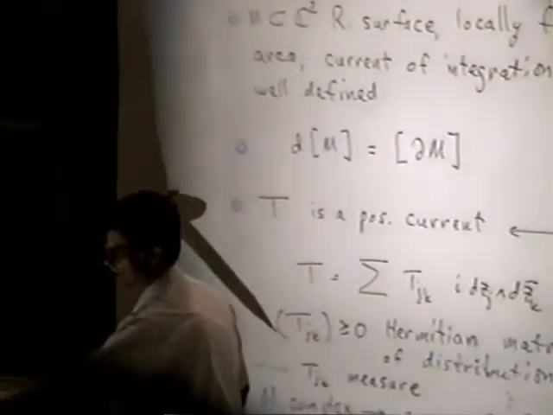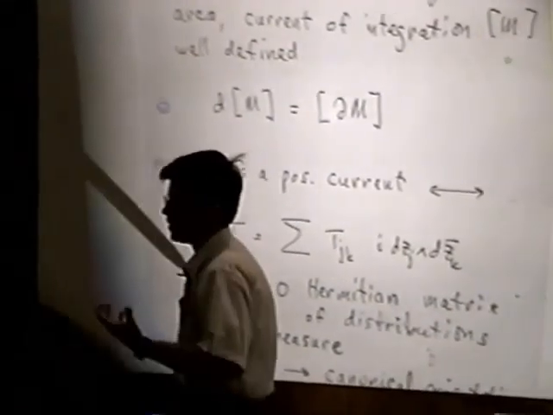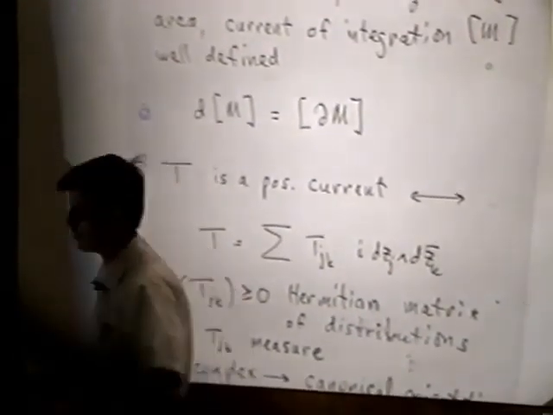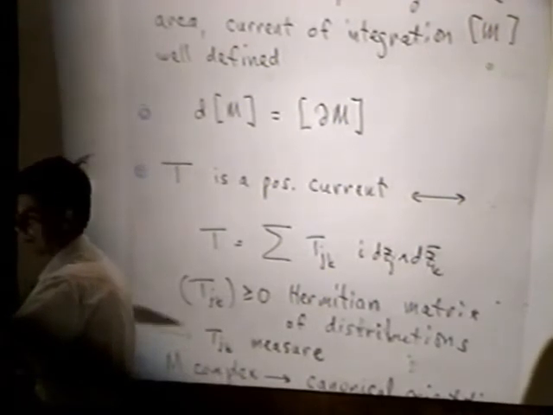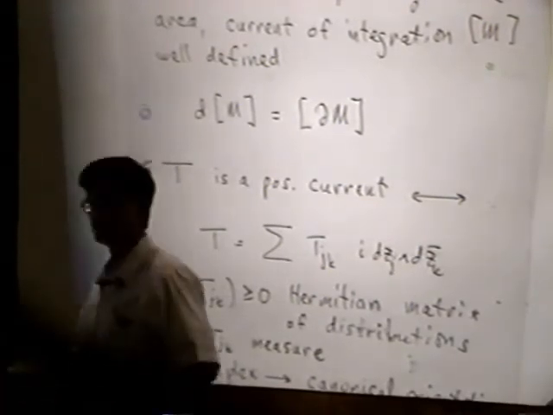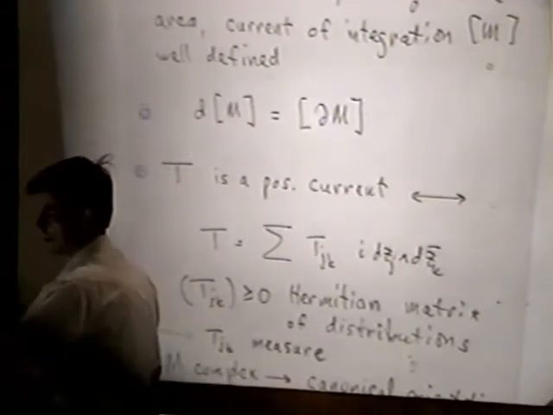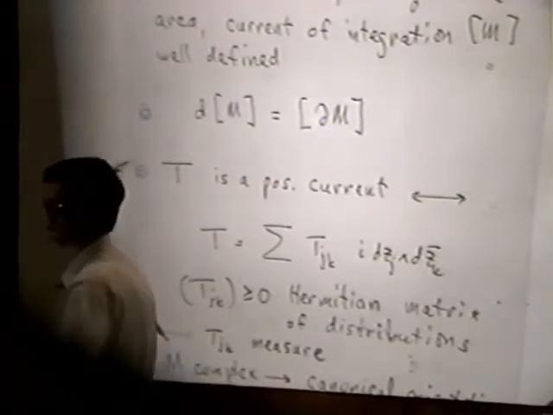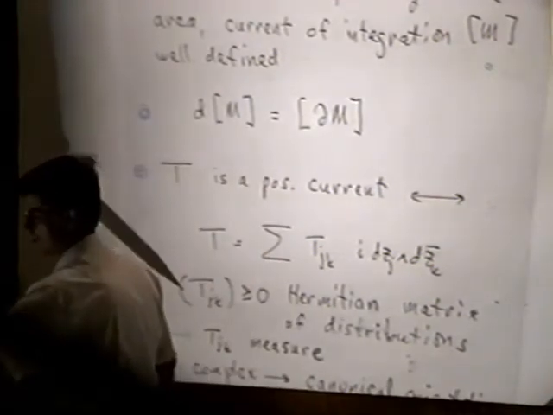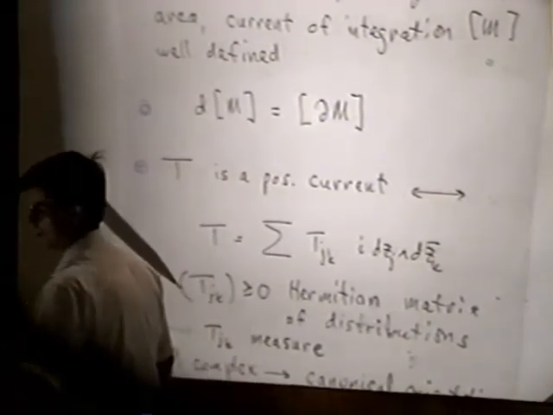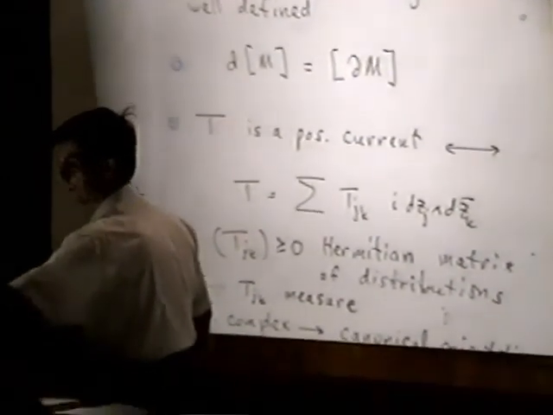Anyway, we can represent a current as a Hermitian matrix of distributions, and if it's a positive matrix, then that's equivalent to the current being positive, and there is a theorem sort of like the Schwartz theorem on positive distributions that says the distributions that represent this current, in fact, are representable by integration.